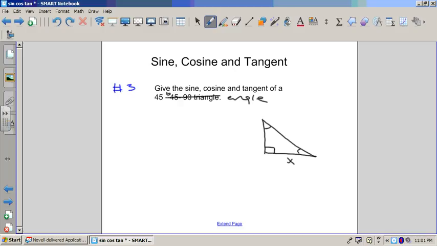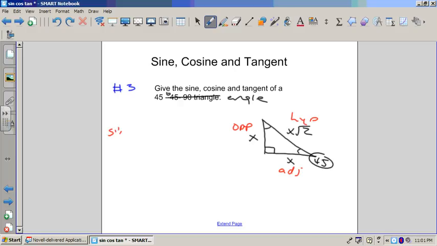Okay, in a 45-45-90 degree triangle, if one side is x, the other side must also be x, and the hypotenuse must be x times the square root of 2. Let's assume that this is the angle we're looking at here, the 45-degree angle. If that's the case, this is the opposite. This is the hypotenuse. This is the adjacent.